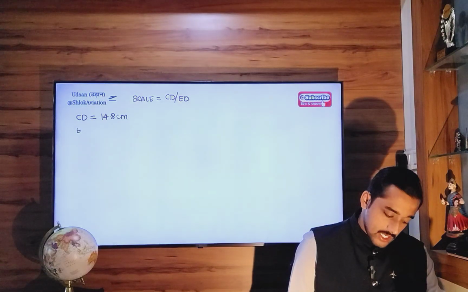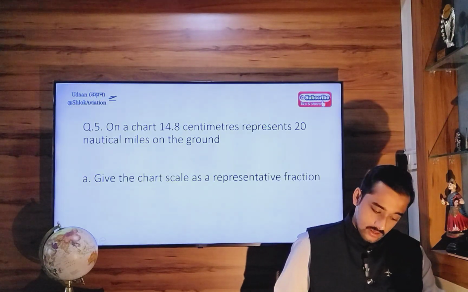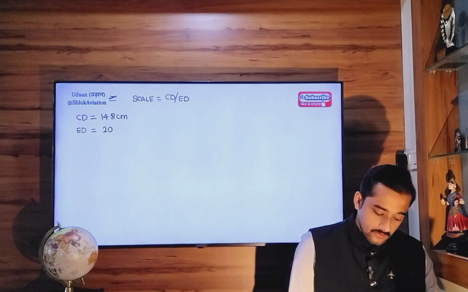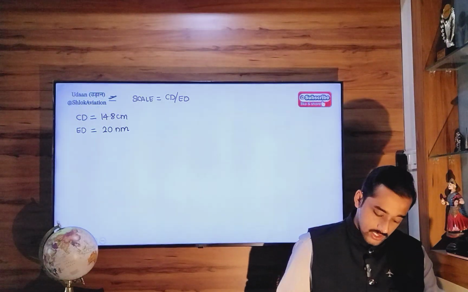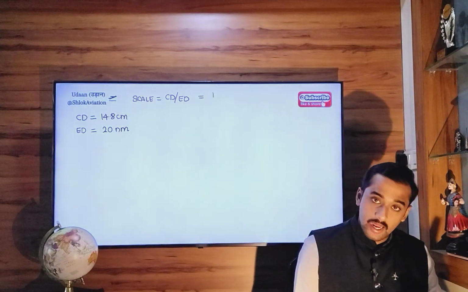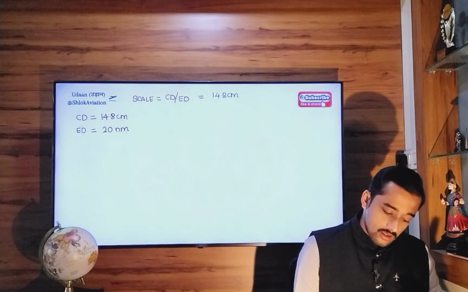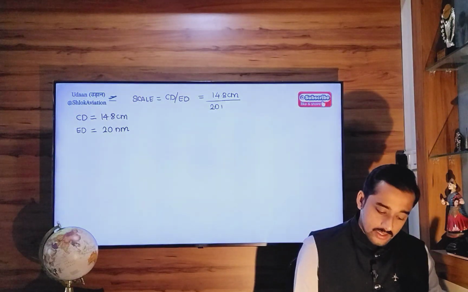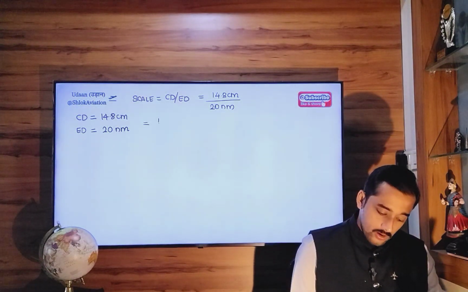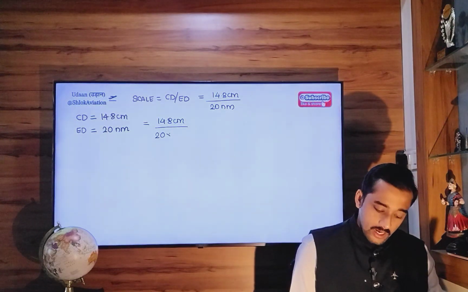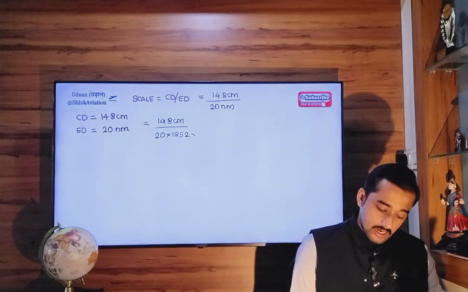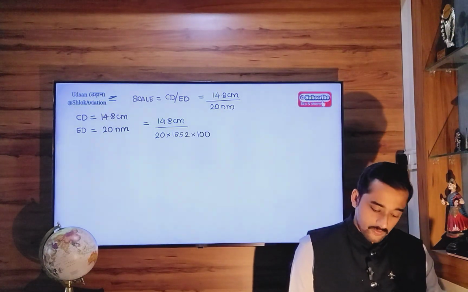Earth distance is 20 miles on the ground.